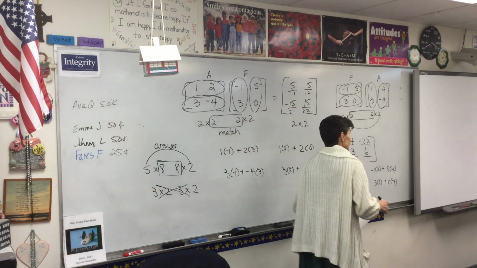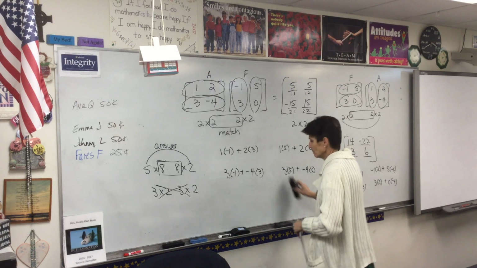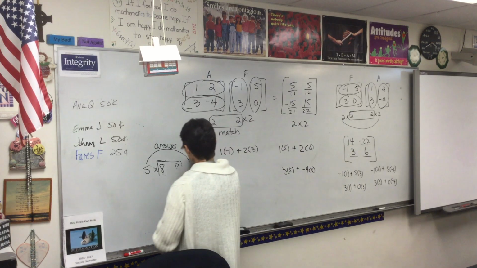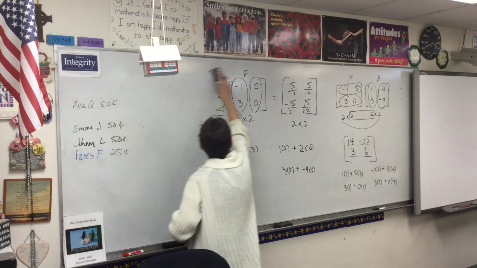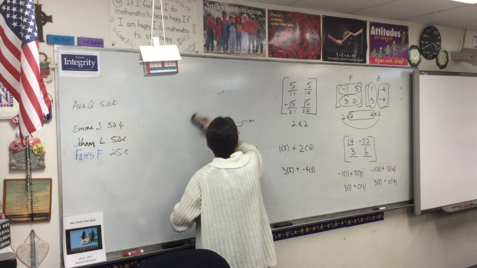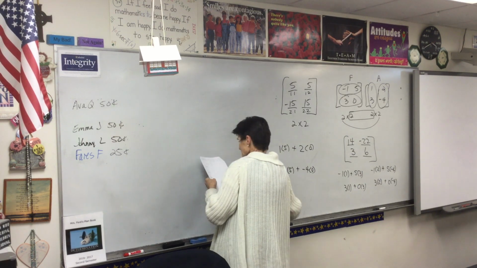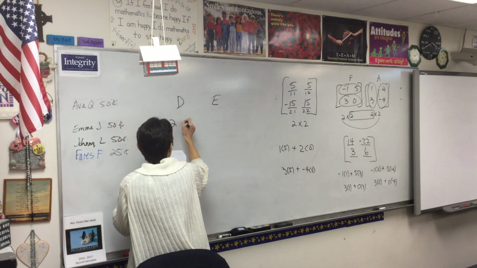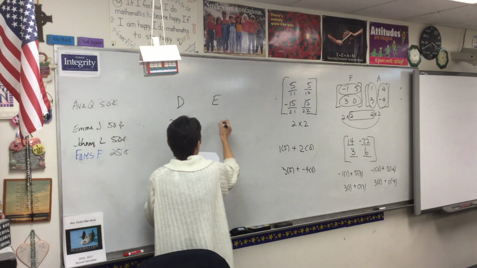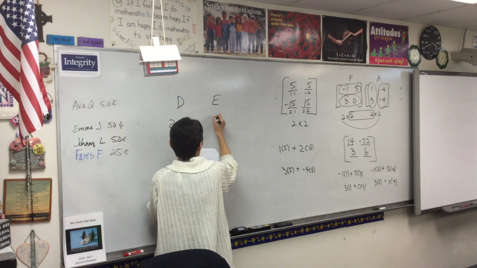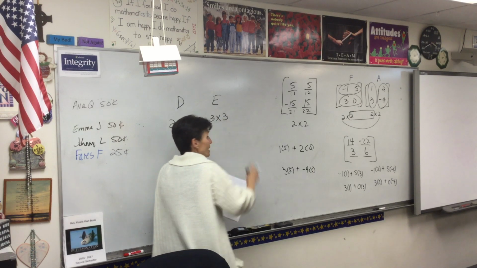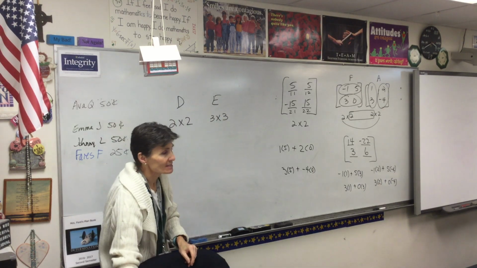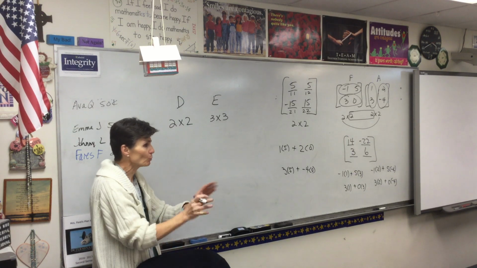Next we have DE. Not possible. Can somebody explain why he says it is not possible to multiply D times E? D is a 2 by 2. E is a what? 3 by 3. They don't have to be the same, guys. That's not the rule.